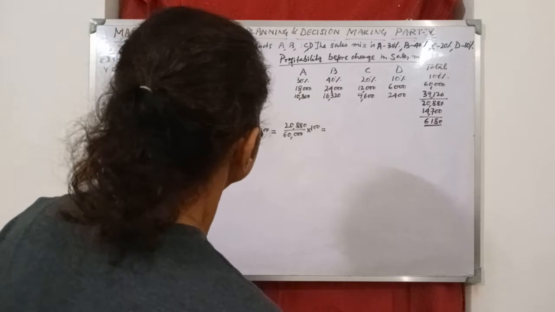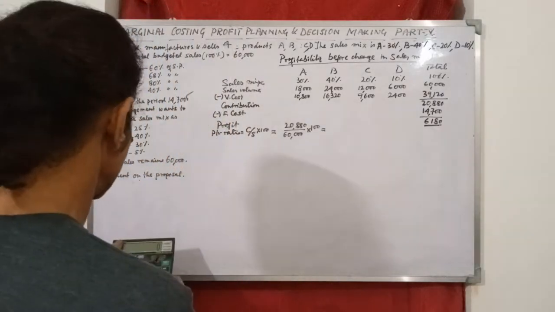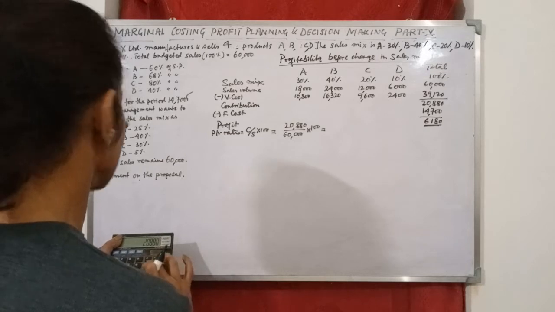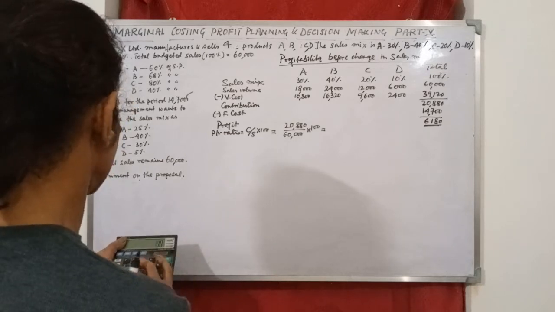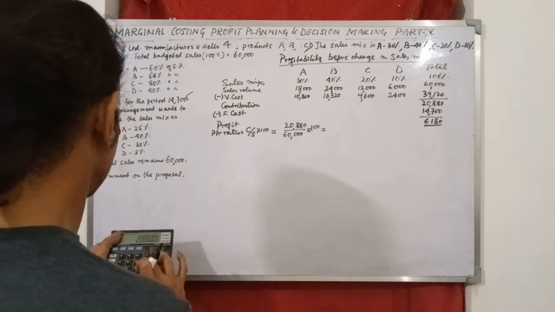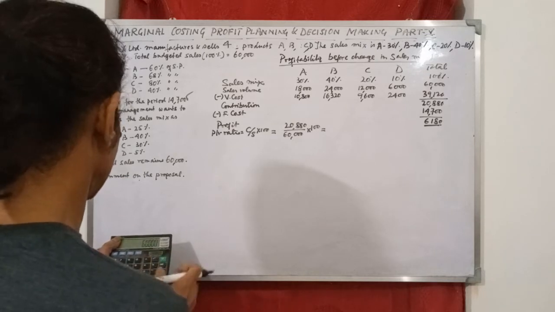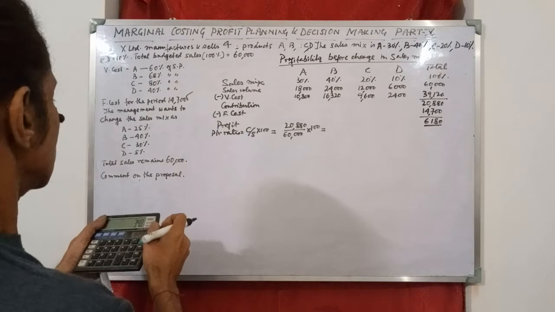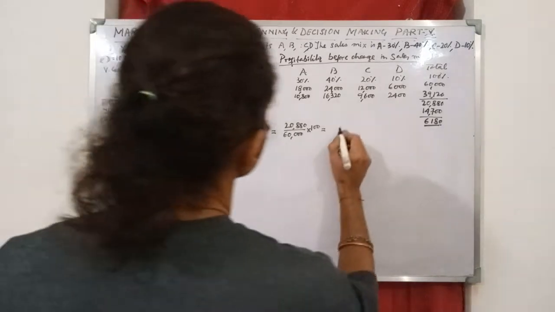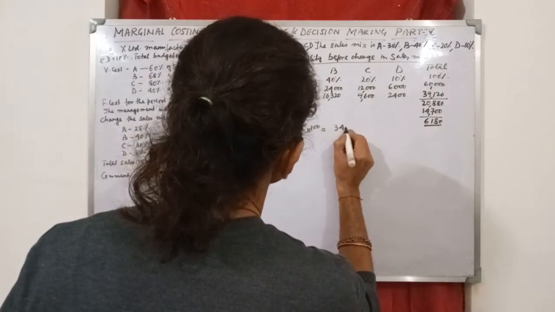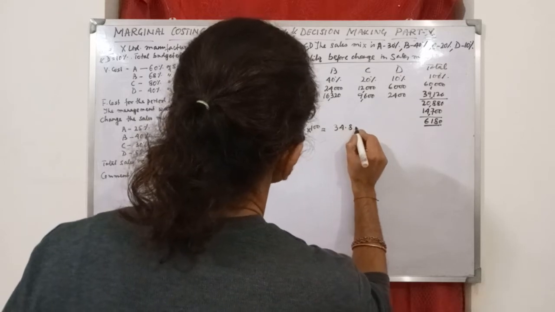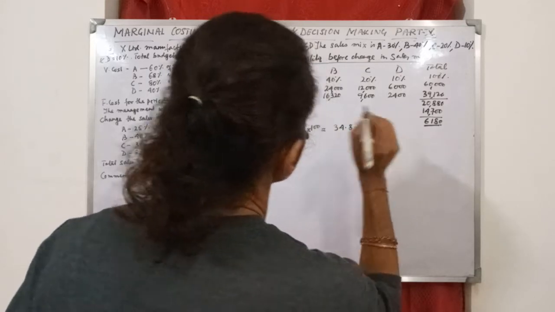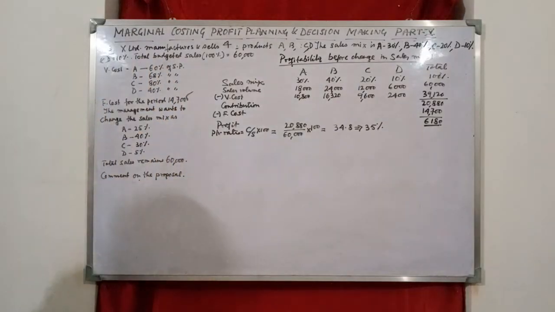So this gives us 34.8%. So PV ratio is 34.8%. We take it as 35%.